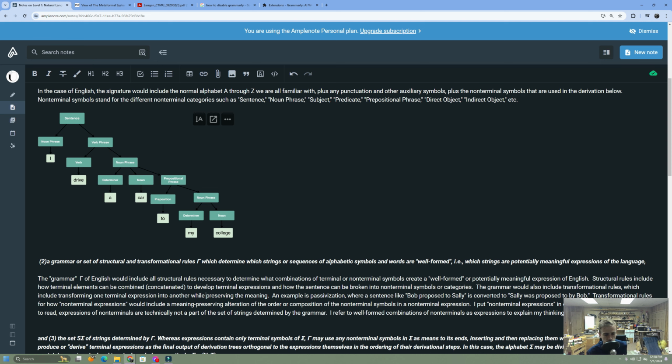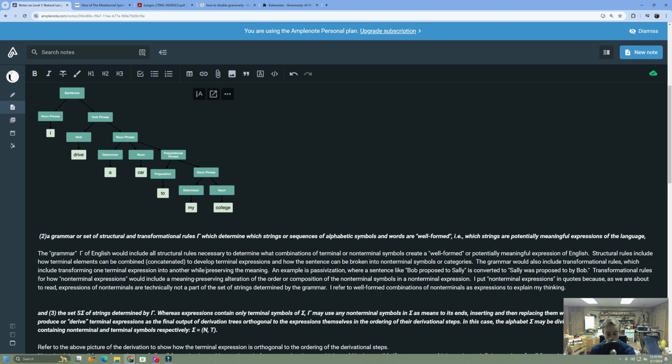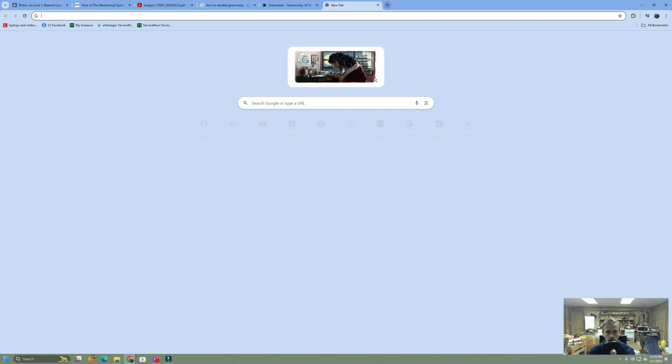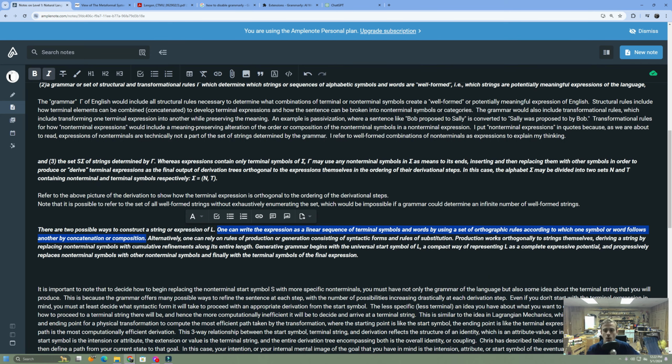And composition is when you would compose a word using other words. I'm trying to think of an example of that for natural languages. Well, let me see if I can think of what composition would be. Now, concatenation is when you're writing the words left to right, one after the other.